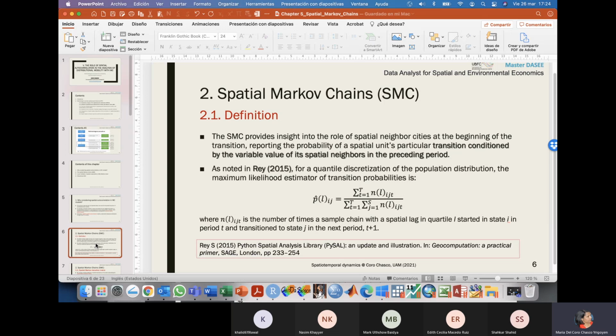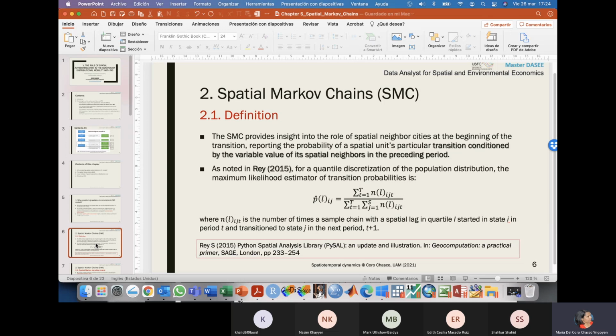So to what extent are these neighbors at the beginning of the transition, of this jump, affecting, and with what probability, a particular spatial unit?